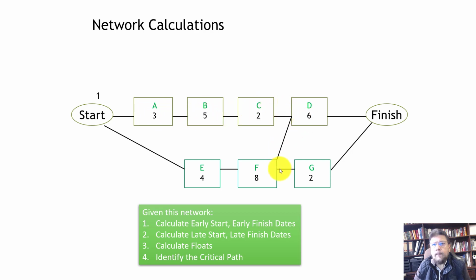Given this network, we want to calculate the early dates, which means finding the earliest date each activity can start and the earliest date it can finish. Then we want to find the late dates, so we calculate the late start and late finish dates, then the floats, and finally the critical path.